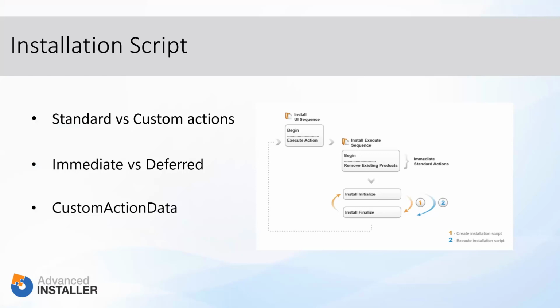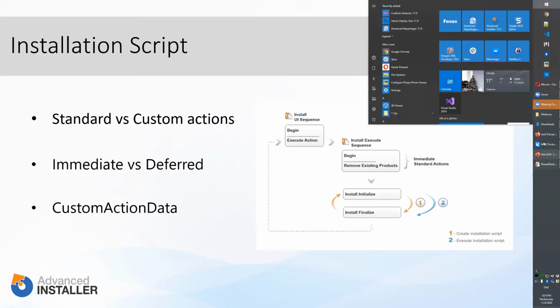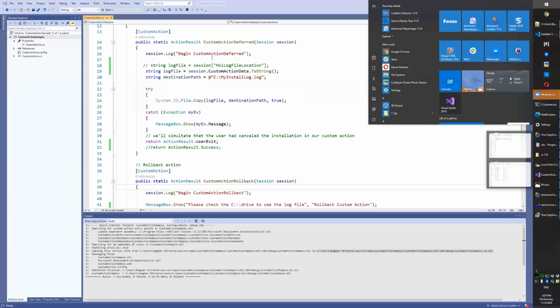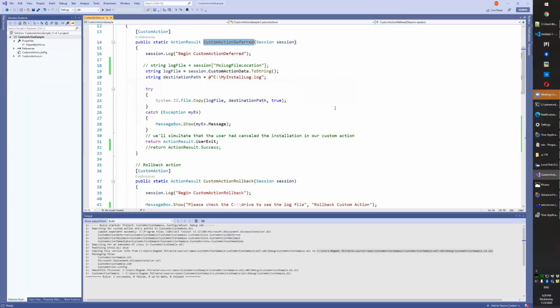Now this might trick you because custom action data is not actually the name of the property. Each custom action data for a deferred custom action actually has a property which holds the name of your custom action. If you look deeper in the log, you'll find properties that have the name of the custom action deferred and so on, depending on how many deferred custom actions you have that use the custom action data.